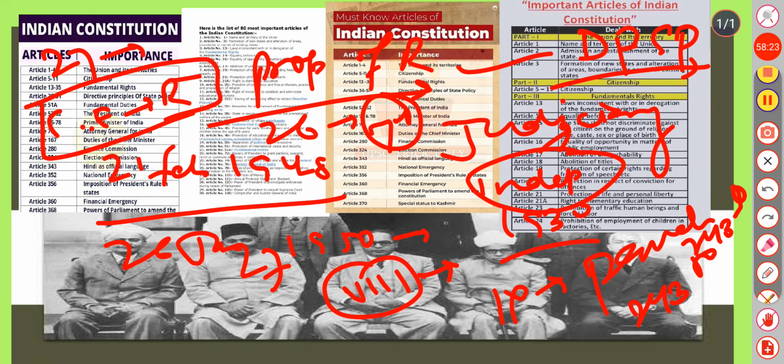And next Part 9A. Okay, so Part 9A, under this 243P to 243ZG, right? So this is important, right? Now move to Part 9B.